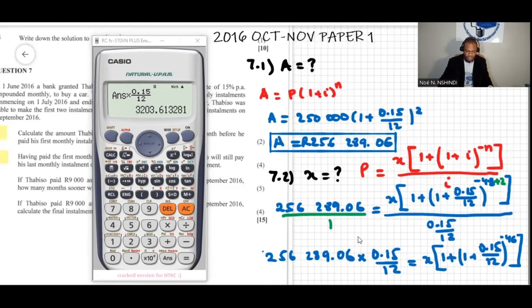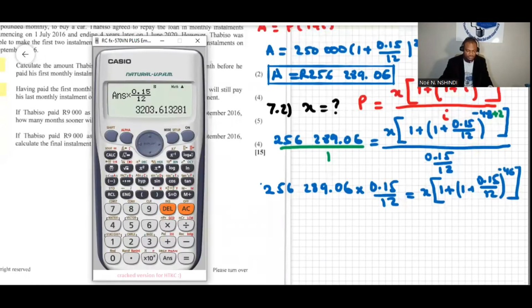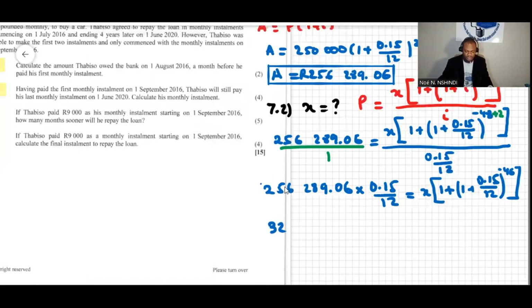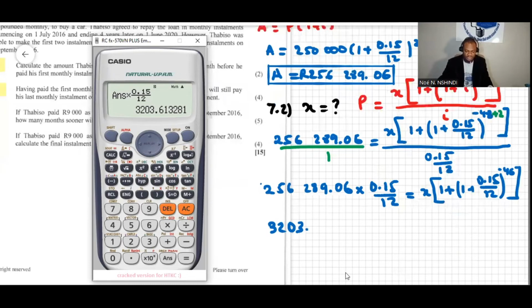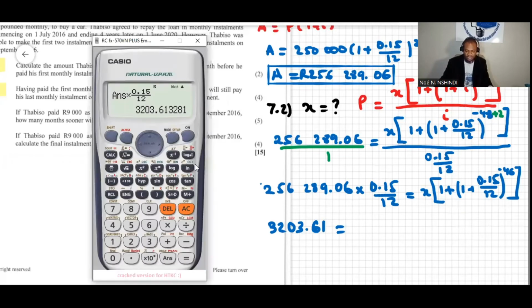3203.61. And then I can also work out what is in the brackets.